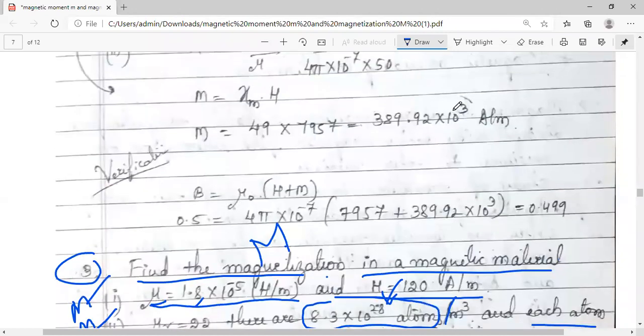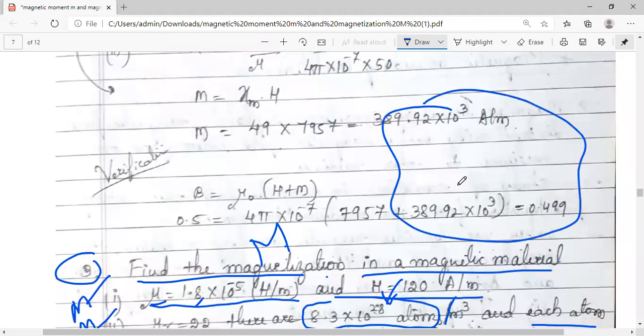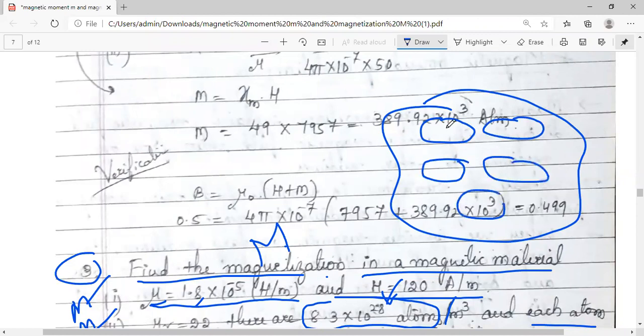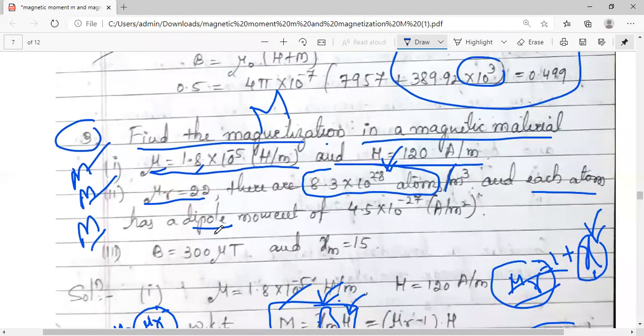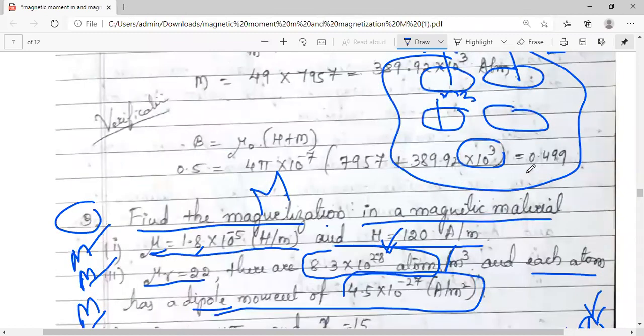We had taken this example, some volume we had considered. Each atom has got its own dipole moment. Assume there are 5 here, each having m1, m2, m3. And all of m1, m2, m3 are the same in this given question. The dipole moment is the same for all, 4.5 into 10 raised to minus 27.